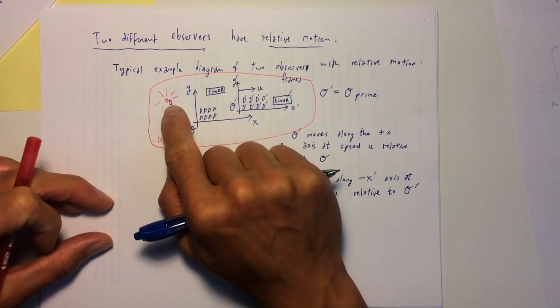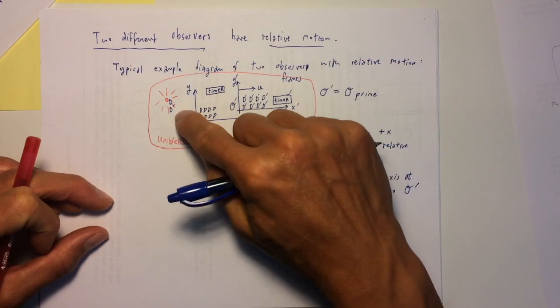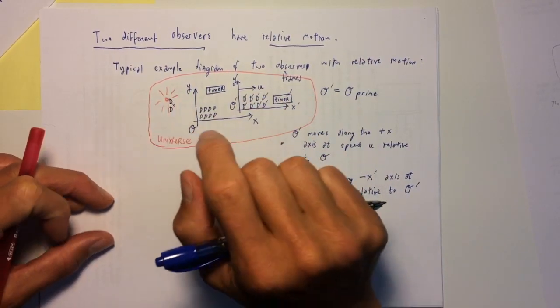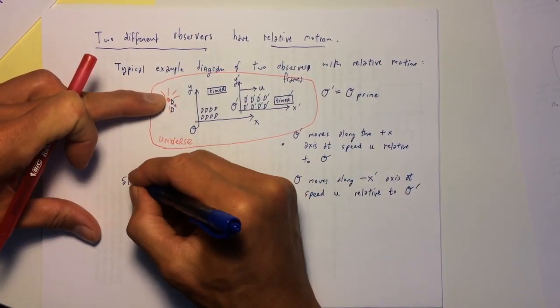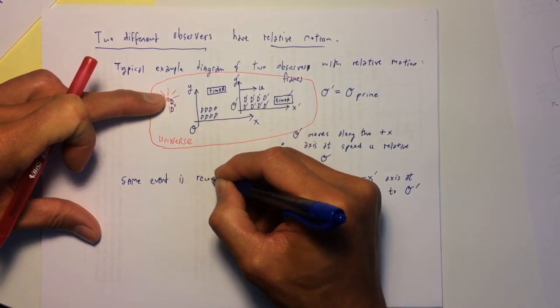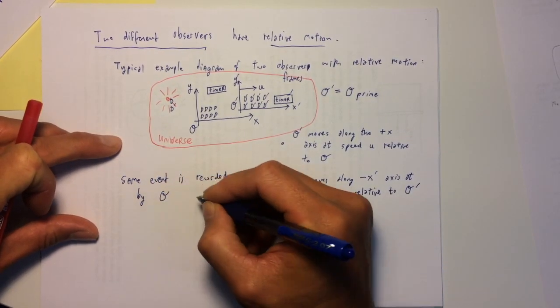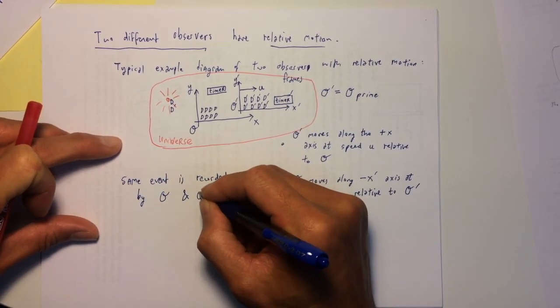But at the very same time, with relative motion, there is a detector D prime that can also record the very same event. So the same event is recorded by O and O prime.